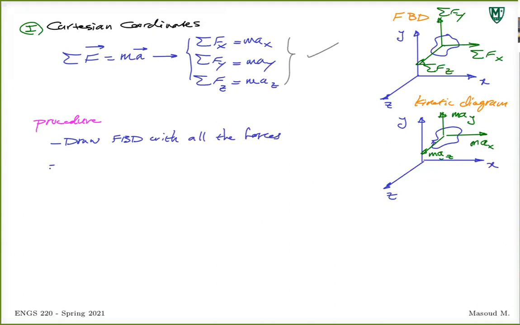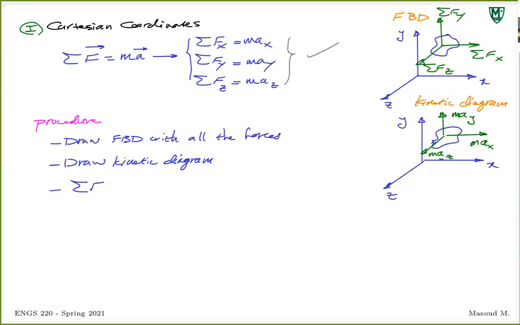Right, we're talking about Cartesian coordinate system, so keep it in x, y, z direction. Then you draw the kinetic diagram, representing the components of accelerations multiplied by mass. Then you make them equal.